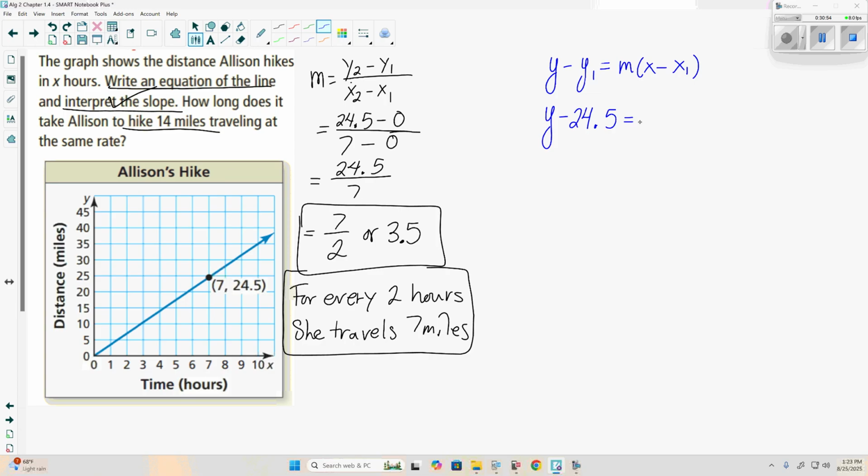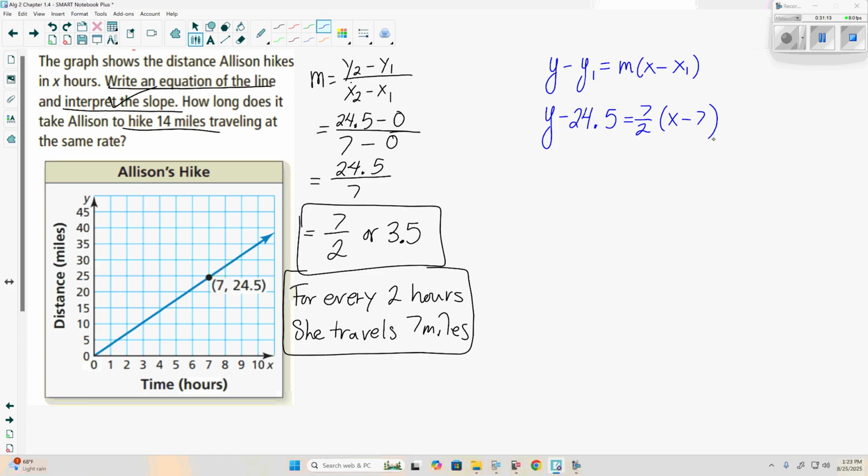Our slope for this here we'll say is 7/2. Minus our x1 is 7. Questions on how we plug this in?